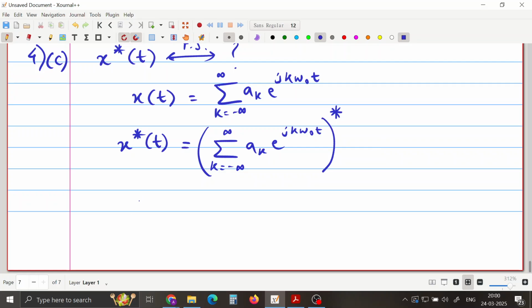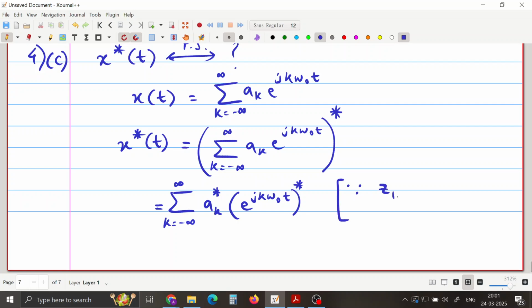So basically what I am saying is that this will equal summation. I can bring the summation outside by linearity, and I'll have ak star, the complex conjugate of my ak, times e power jk omega naught t, also complex conjugated. And how am I writing this?